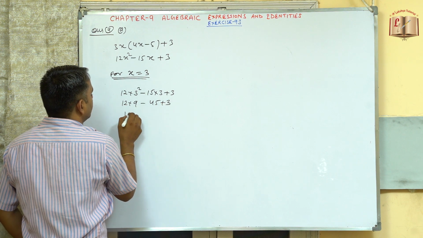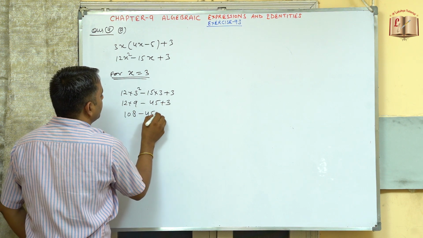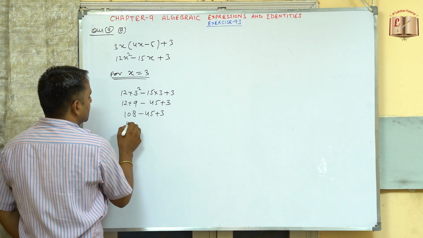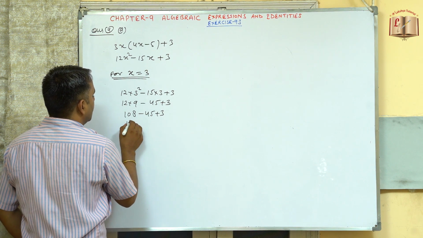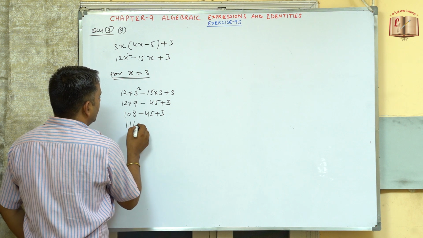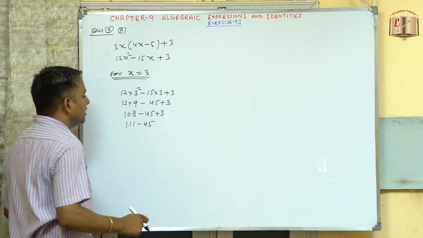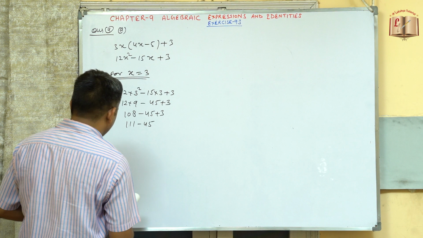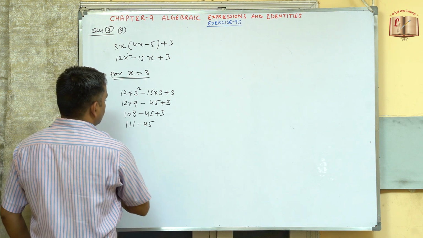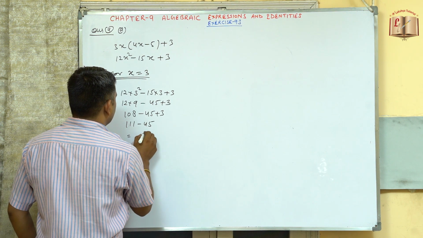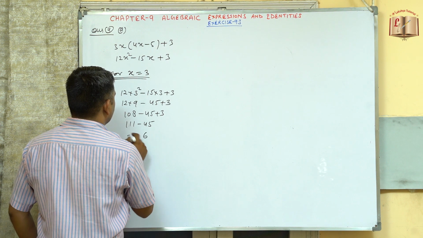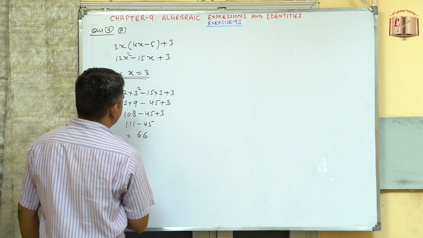So this will be 108 minus 45 plus 3. So this is now 111 minus 45, we can subtract this. So this will be 6.